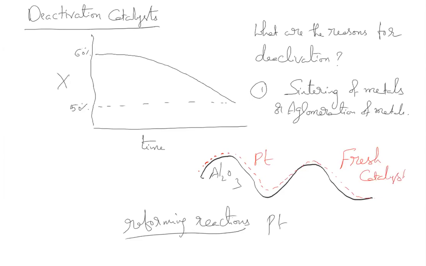Now, after the reaction, after some time, the platinum will agglomerate something like this. This is called metal sintering, or agglomeration of the catalyst. So this is one of the reasons for the deactivation of the catalyst.